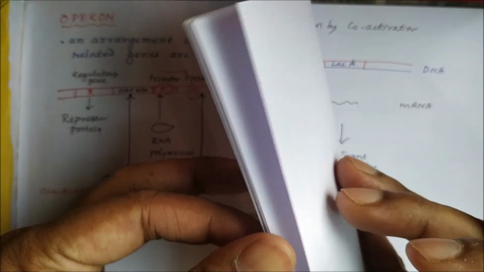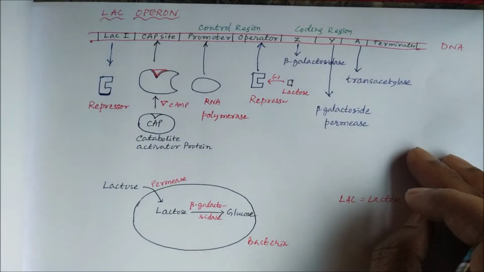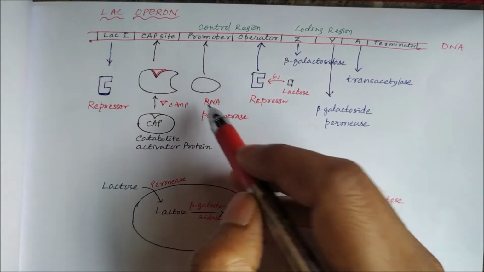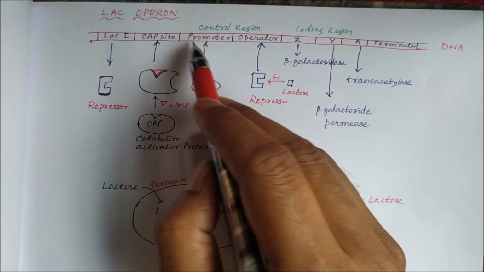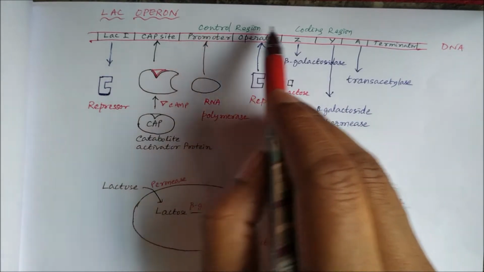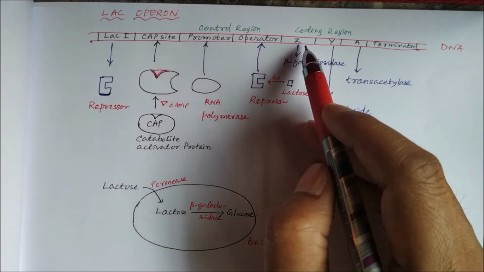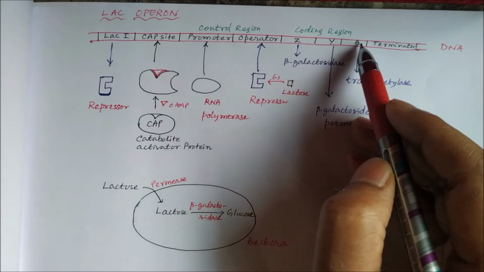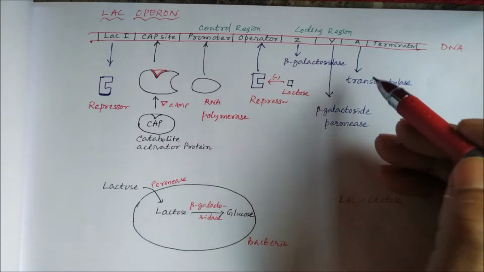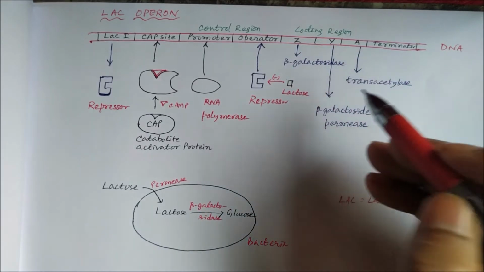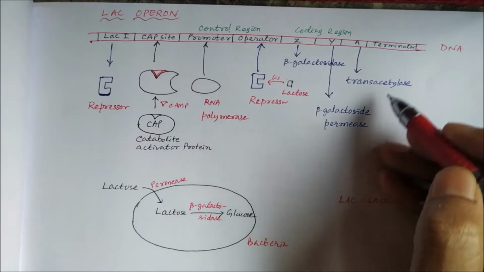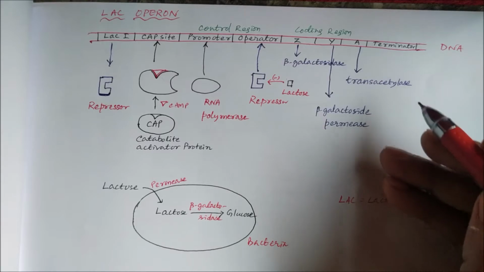In the Lac Operon, when RNA polymerase binds to the promoter, it will simultaneously express these three genes, Lac Z, Lac Y, Lac A, and will produce the respective proteins, the enzymes beta galactosidase, beta galactoside permease, and transacetylase.